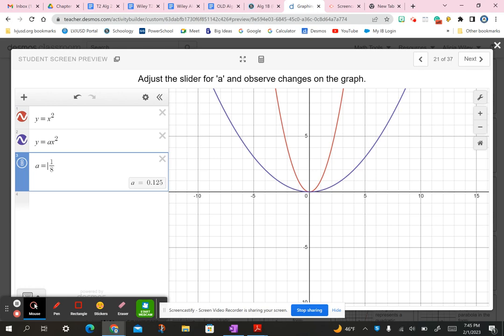Now, I can combine the reflection with it being more wide by just making the a negative. So the negative flips it. The fraction value of a, 1/8, or that decimal value, is what makes it more wide.